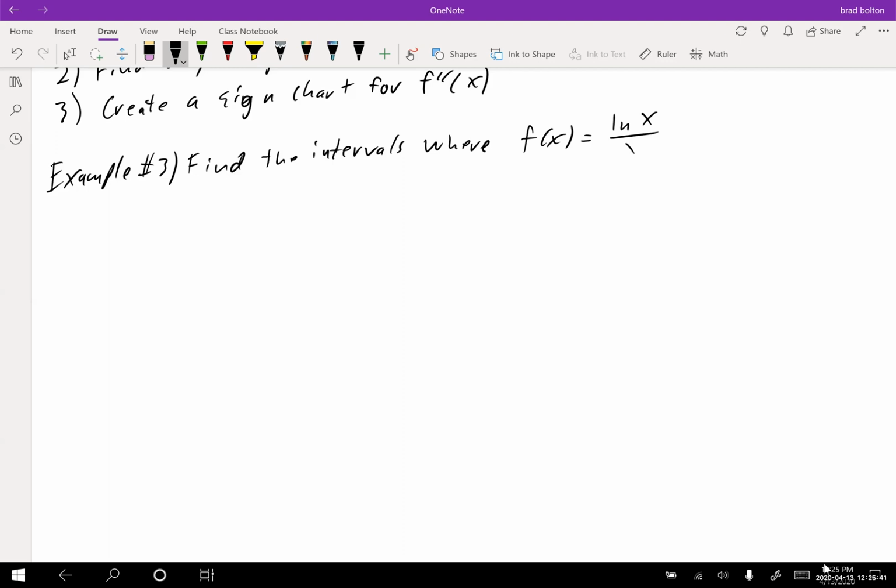ln of x over x squared: is increasing, decreasing, local mins, maxes / mins.